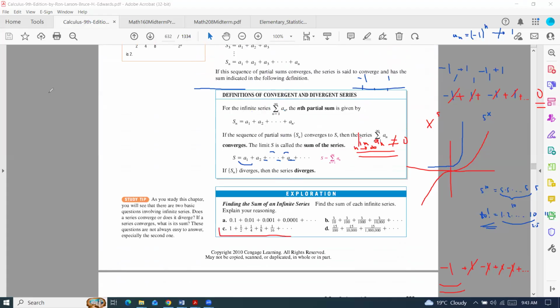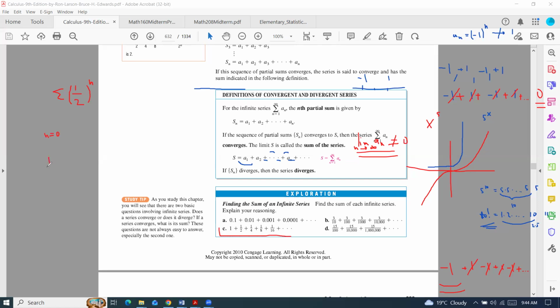Sometimes it's called a geometric series, because you can treat it as if, instead of a, I put 1/2: the sum of 1/2 raised to the power of n, from when n is equal to 0.